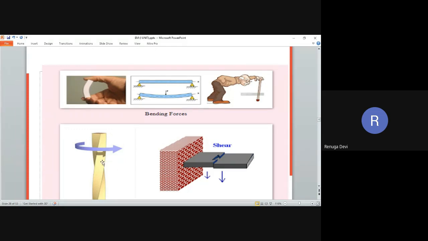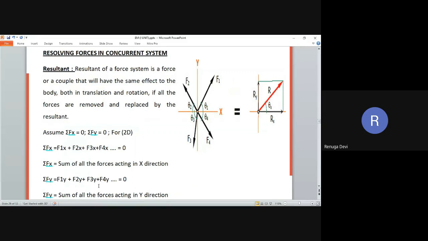Here also this particular part will get expansion. The body of the person also will expand and compress. And this is called torsional. Torsional means it always takes a twisted, angular way. Deformation itself we measure in theta or radians. That is called torsion. And this is called shear. Shear means one side is fixed, another side is movable, and here it takes the deformation. That is shear. So these are the various types of forces you have.